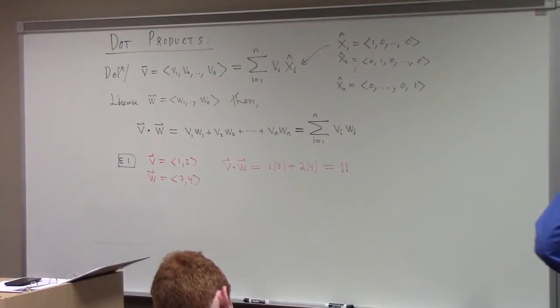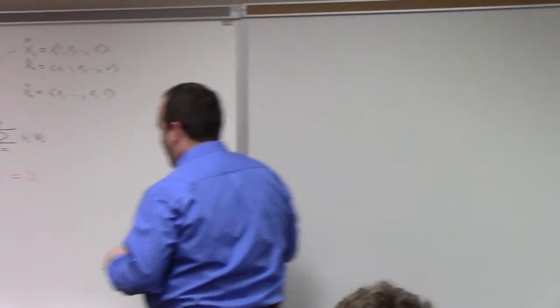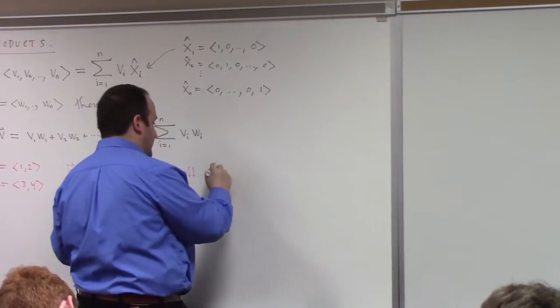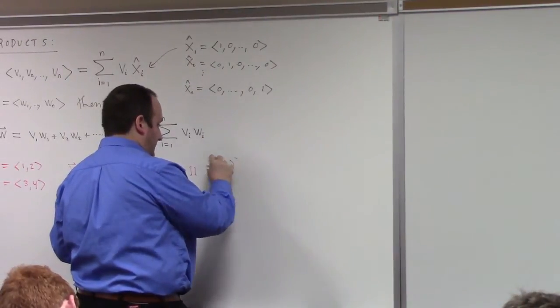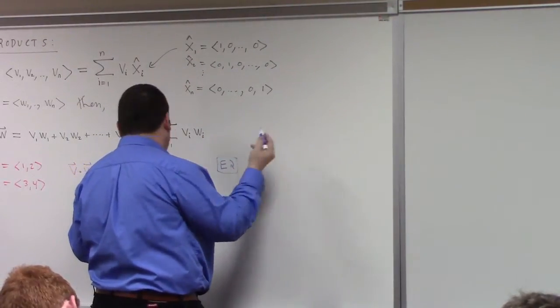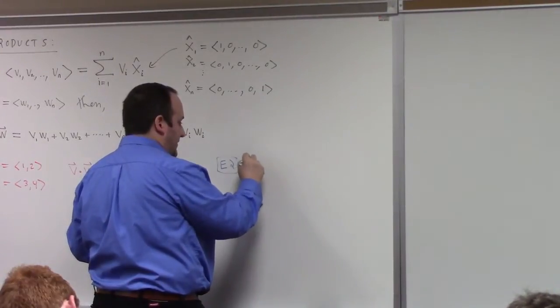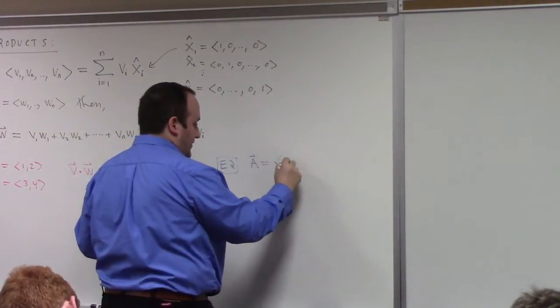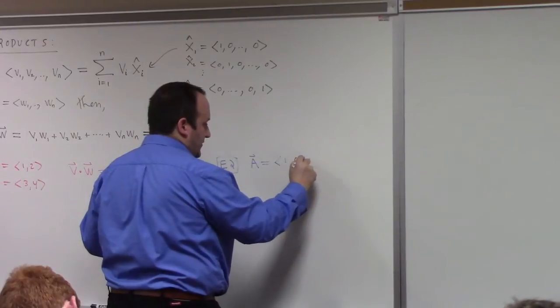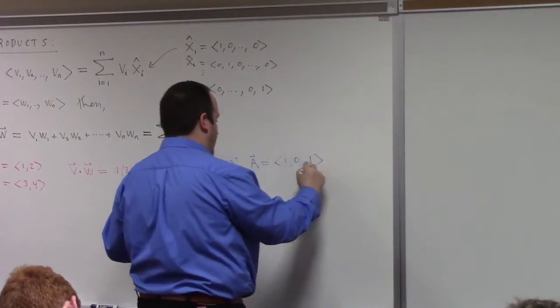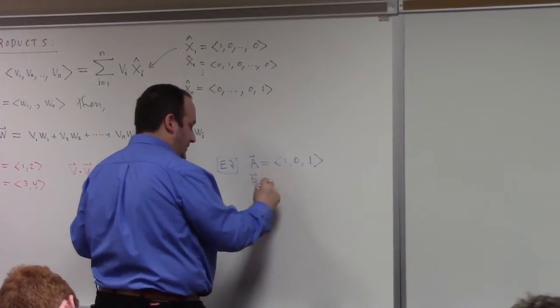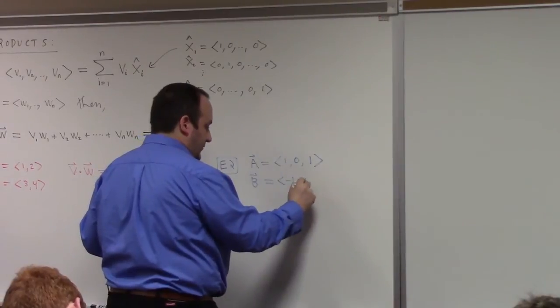Example 2. I think I can do example 2 here, actually. Save myself some room. Suppose we've got, and I'll change the letters on you, vector a equals 1, 0, 1. And suppose we've got the vector b equals minus 1, 1, 1.